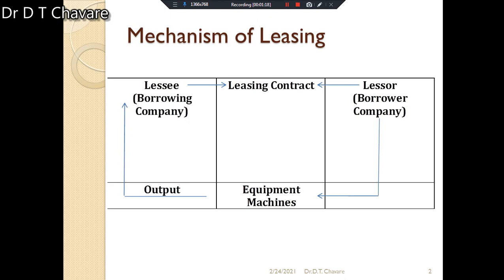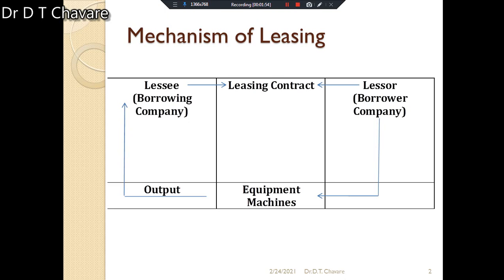Such equipment, meaning assets, would remain idle for a long period, resulting in unnecessary investment and blocking the funds of the company. It also reflects adversely on the profitability of the company. Hence, leasing is the most preferred alternative in this situation. This is the main reason why leasing is preferred.